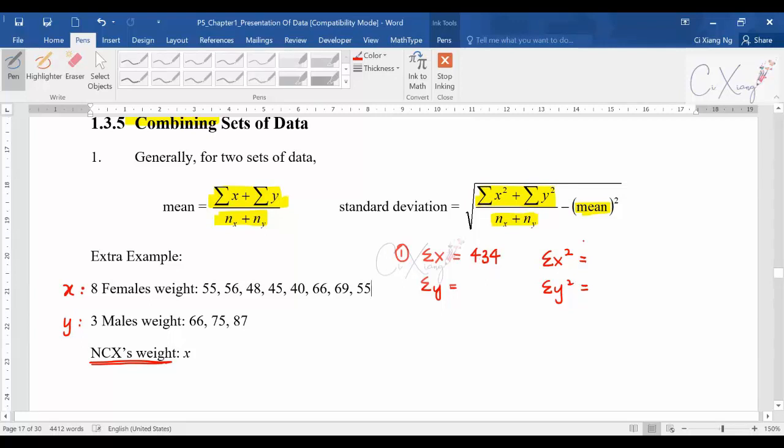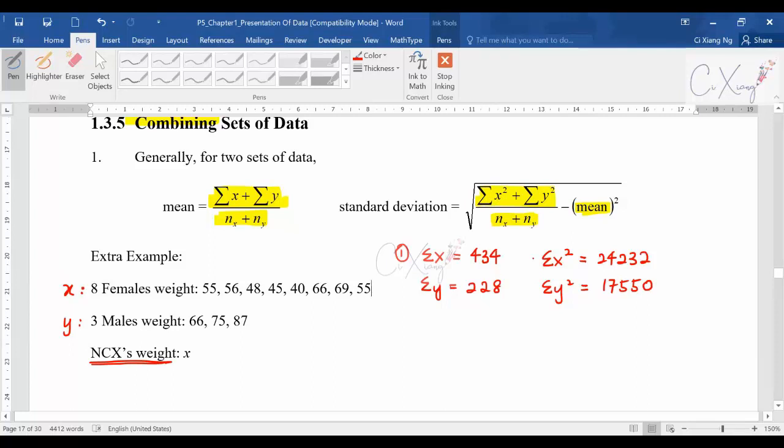For my x squared, I should get 24232. For the summation of y, I should get 228, and for y squared, I will have 17550. So this is what I have here.